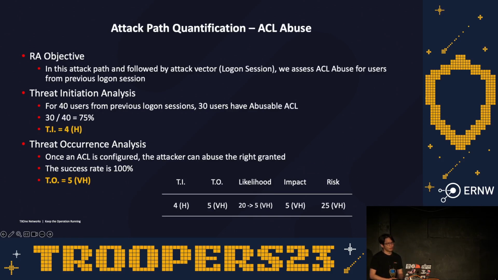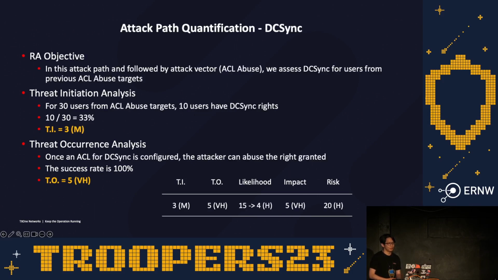So previously, we're having 30 users have abusable ACL. And so for these 30 users from the ACL abuse target, we found that there are 10 users having DC sync rights. And therefore, we have the coverage percentage, which is 33%. So the threat initiation value, we have 3, and with the level is moderate.